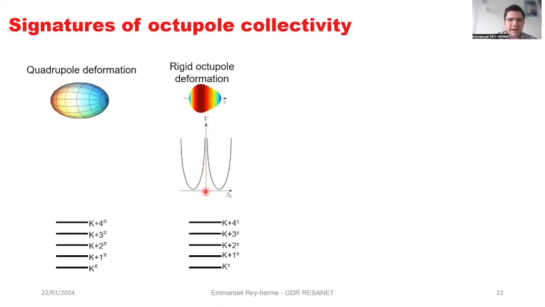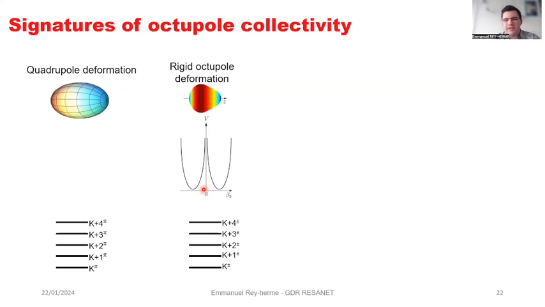In these ideal cases, in the intrinsic frame of the nuclei, the parity is not a good quantum number anymore, since the states with same spin but opposite parity will be mixed.